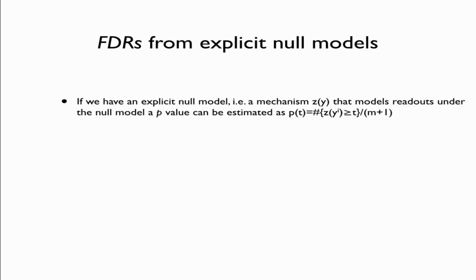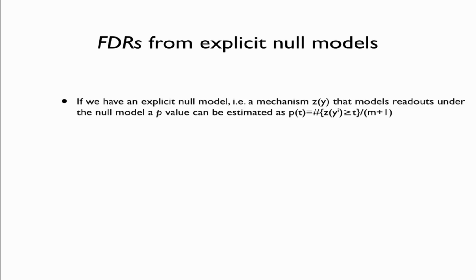In some situations, it's possible to derive false discovery rates in an alternative fashion than to derive explicit p-values. This is the situation when we have a so-called null model, or a mechanism that generates experimental readouts under the null hypothesis.